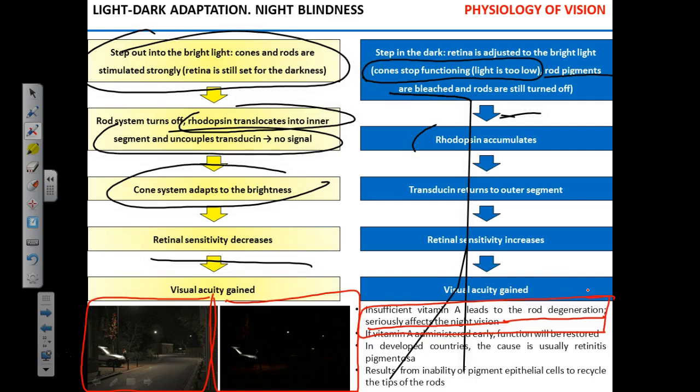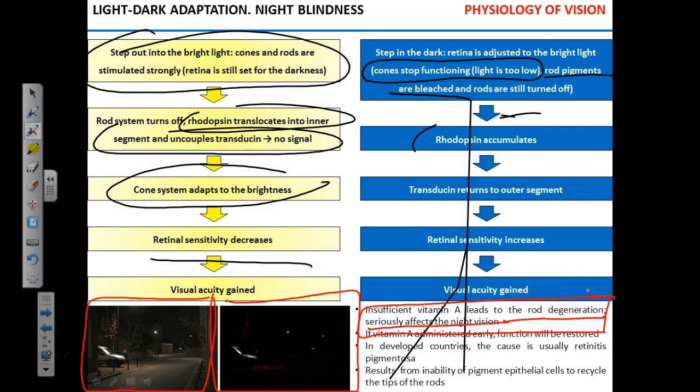But generally, if you look at the label on any product that you buy in the United States, almost everything is enriched in two vitamins, vitamin A and vitamin C. Okay? So you get enough vitamin A with your diet.